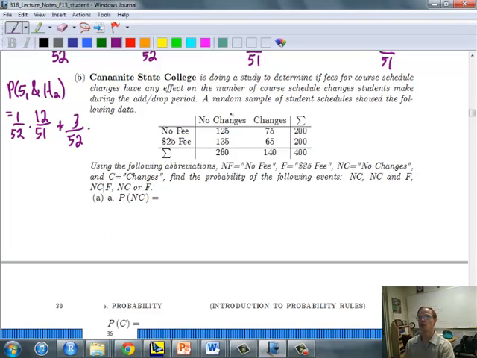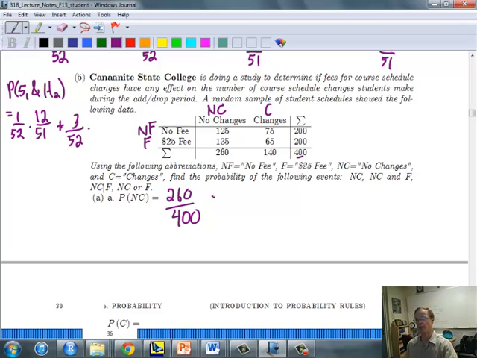So probability of no change, let's call that no change, change, no fee, fee. Okay, so no change, as I look at it, I've got 260 no changes out of the total 400. And that just gives it to me straight.